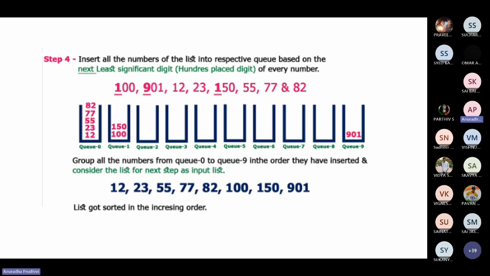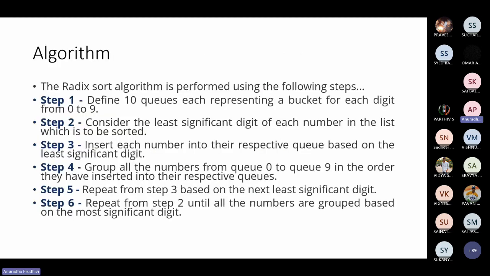Okay, so this is the procedure. Define 10 queues, each representing a bucket for each digit 0 to 9. So we have to consider the digits from 0 to 9, which means 10 queues. Next, consider the least significant digit of each number in the list.